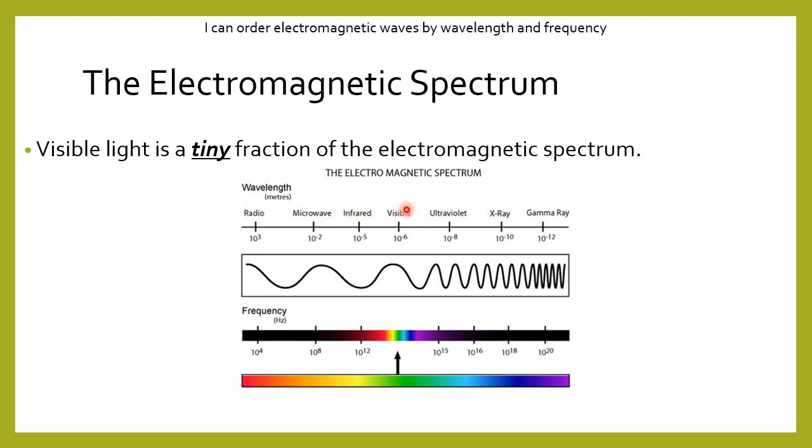Now, the other thing to point out here is even within visible light, we want to know what order the actual colors come in. If we space this out, we can zoom in and pull out the visible light here. There is a predictable order that these occur in. Starting at the infrared end, we have the red end of the spectrum. So our visible light fits right here in the middle.